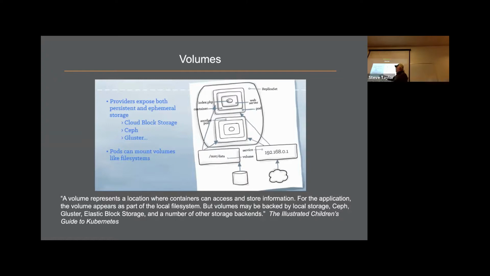What ends up happening is they look and act just like regular file systems, which is great. There are some weird things in Google's implementation of volumes, because of the way they have their data centers structured, you can only have one container in the pod having write access to the volumes.